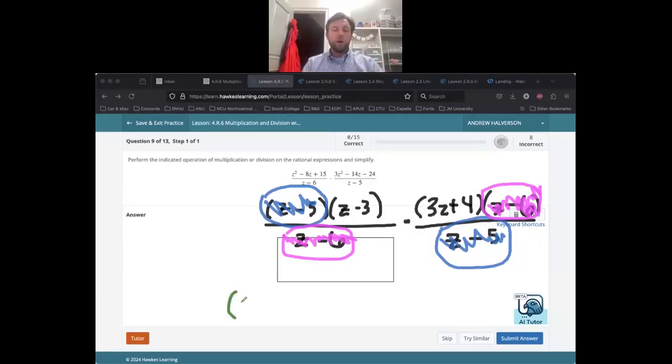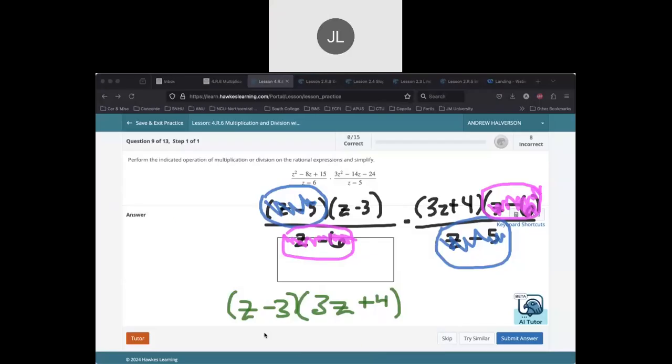So that leaves us with z minus 3 times 3z plus 4. And at this point, I would probably do the FOIL method to get rid of your parentheses.